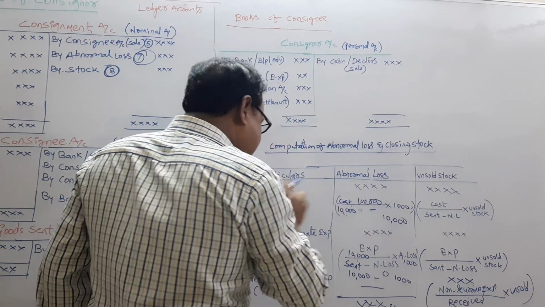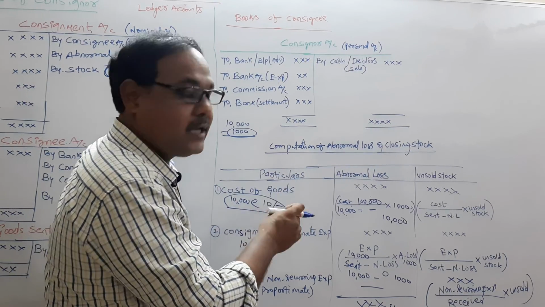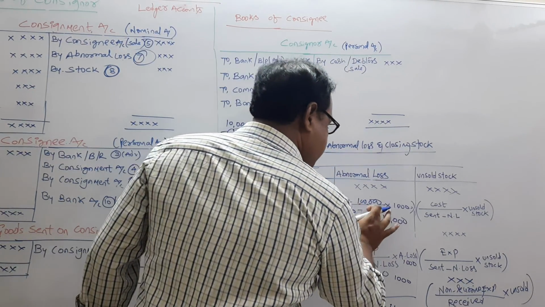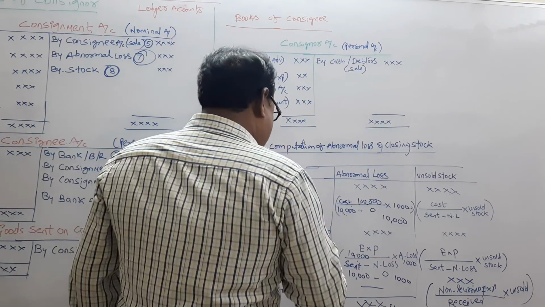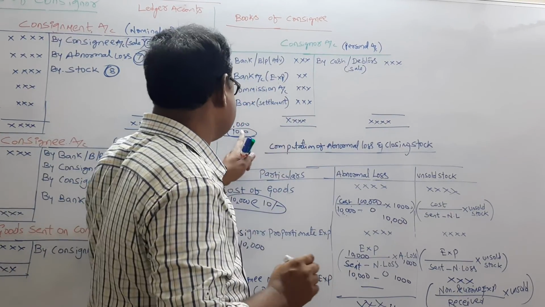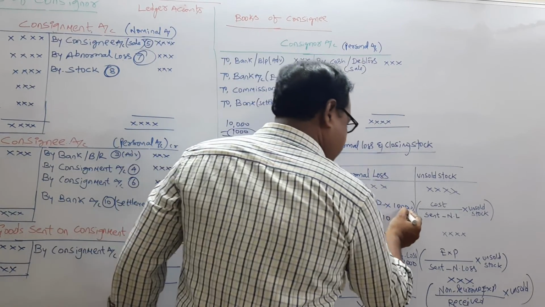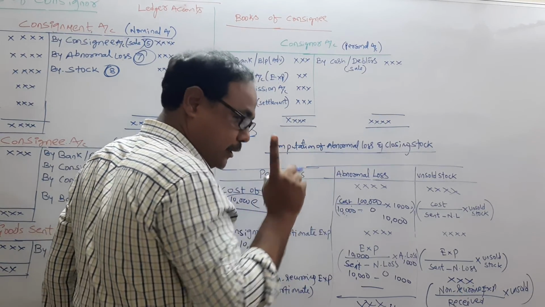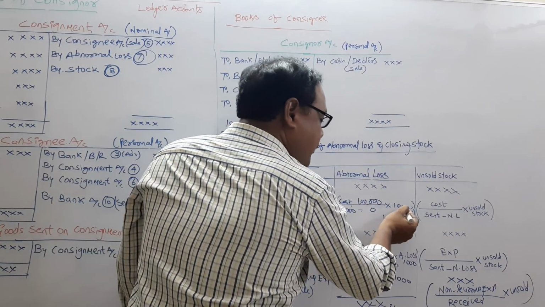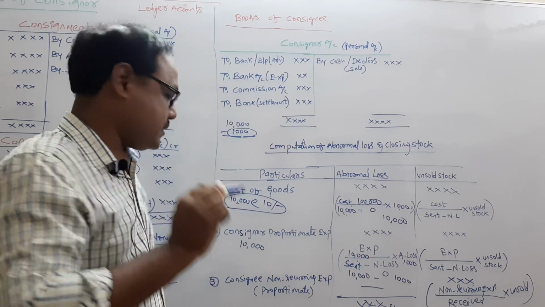Next is normal loss. In this illustration, I have not given any normal loss, so it is nil. Next, how many units are lost in transit? In our example, 1,000 units. 1 lakh divided by 10,000, 10 rupees, into 1,000 units, value 10,000 rupees.